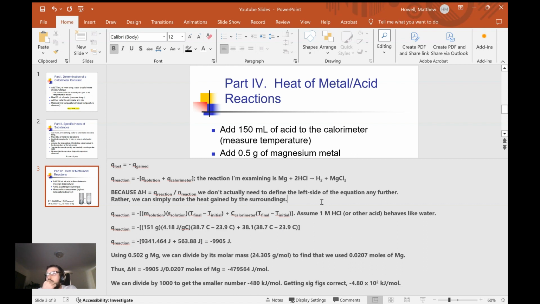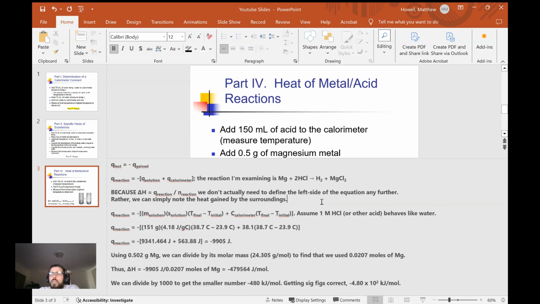And that is based on the stoichiometry of the balanced reaction that we're working with. So in the example, you'll notice that the coefficient in front of the magnesium is a 1. And what that means is when 1 mole of magnesium reacts with the HCl, that is the same thing as talking about a mole of the reaction happening.